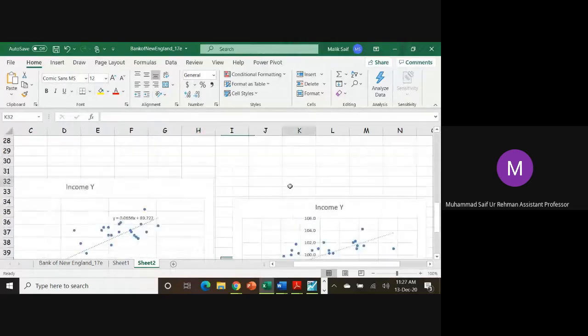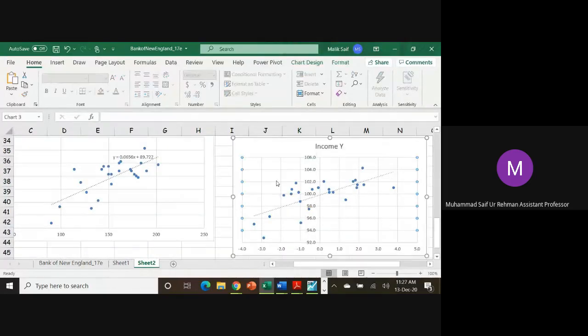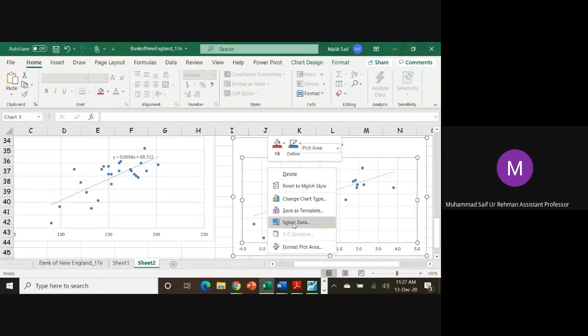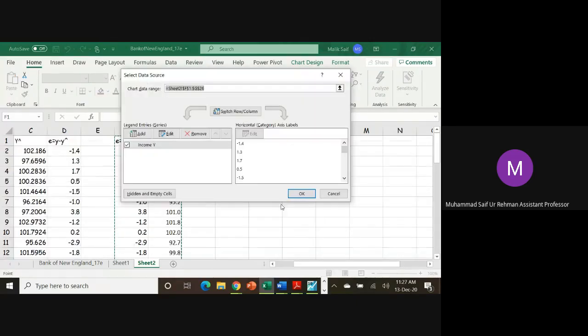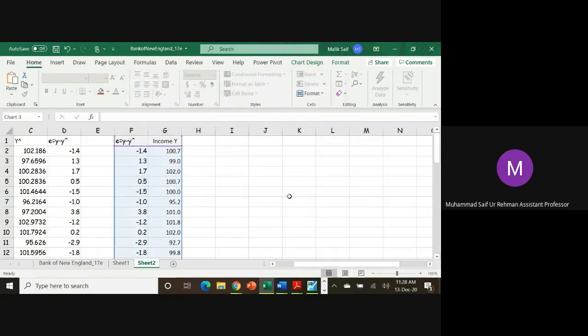I would have to change the scale in the graph. Otherwise, I can also change it from here, the horizontal category. Those residual values are there in the horizontal category. If you switch it, let us see what happens.